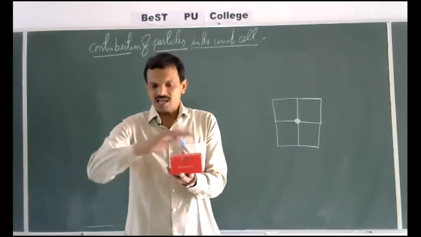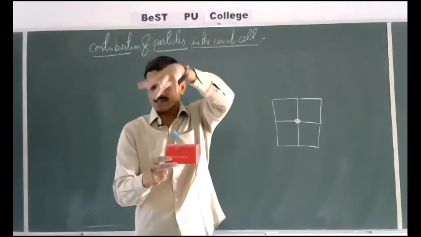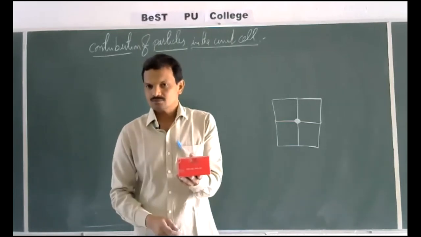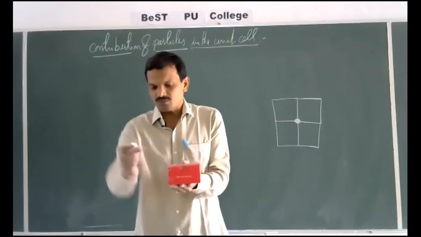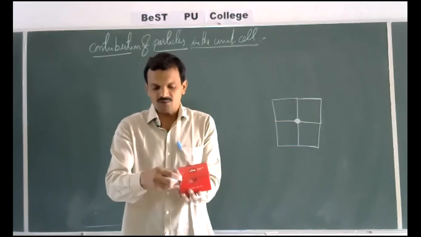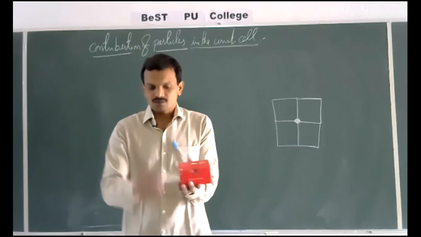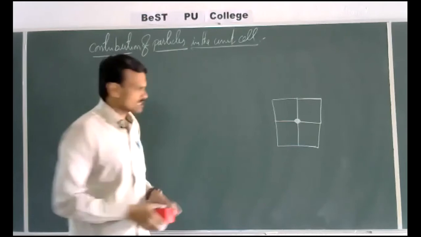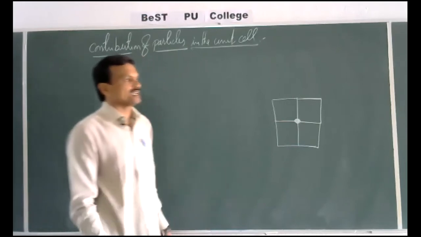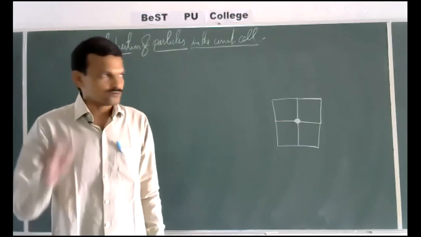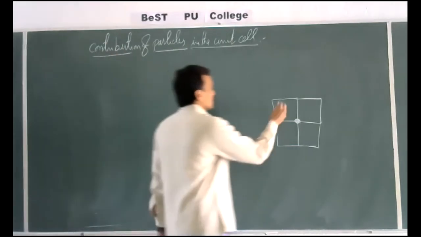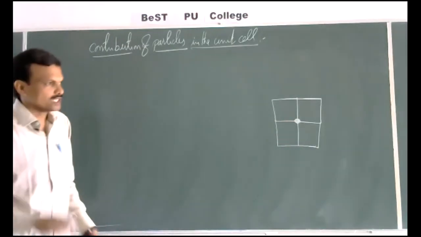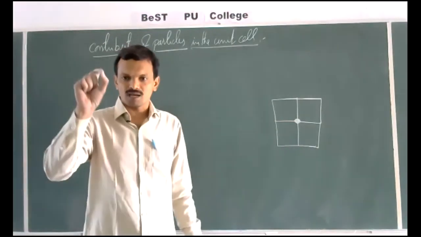Total 4. Exactly over these 4, I can place 4 more boxes. Then this portion will be completely covered. If I place only the front boxes, the top face is not completely covered, so the top portion will also be covered by 4 more boxes. That means if a particle is present at the corner, it is shared with 8 unit cells. Then each unit cell should get a share of 1/8.